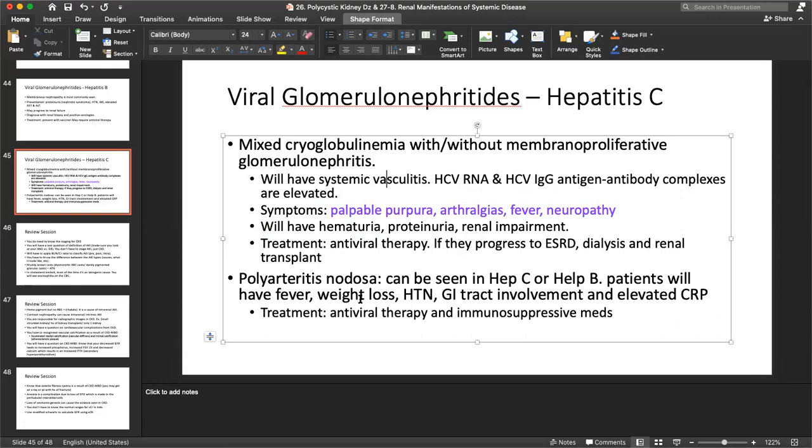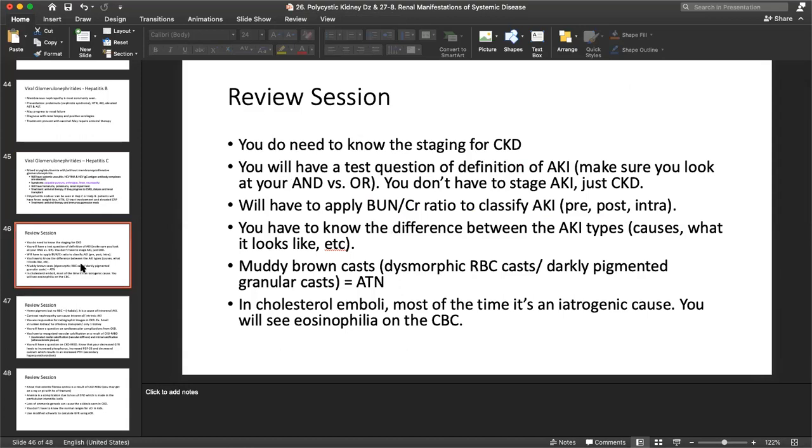They may have polyarteritis nodosa, which can be seen either in Hep C or B, which is fever, weight loss, hypertension, GI involvement, and CRP that's elevated. Okay, know the staging. This is just a review. Know the staging for CKD.